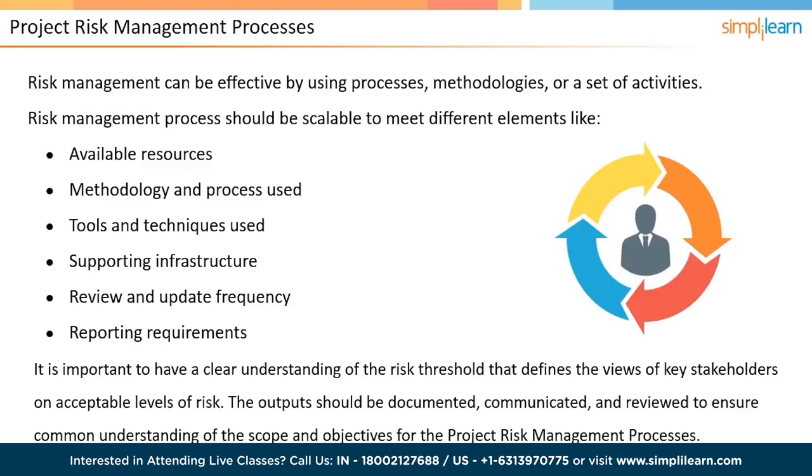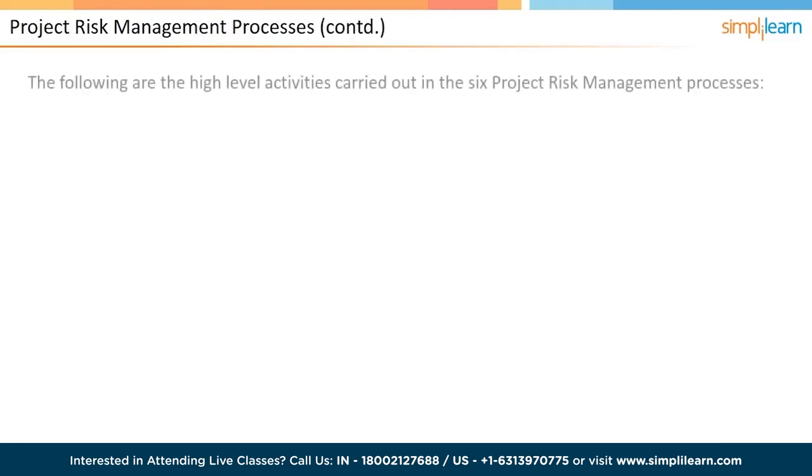The outputs should be documented, communicated, reviewed to ensure common understanding of the scope and objectives for the project risk management processes. In this screen, we will look into the high-level activities carried out in the 6 project risk management processes.